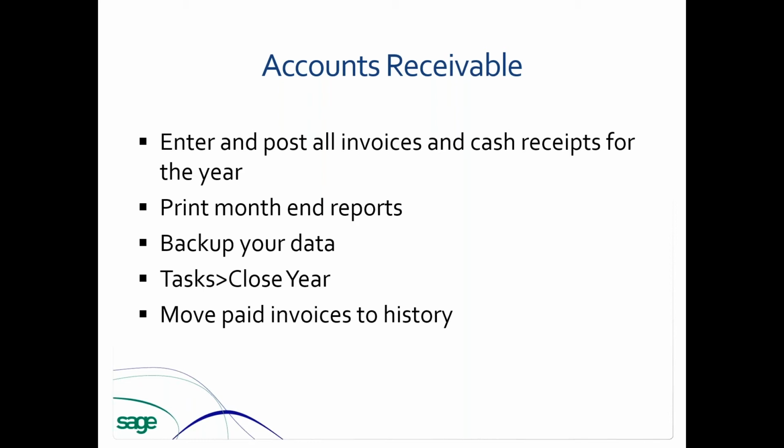You've backed up your data, and then you are going to run tasks close year. Accounts receivable is similar to AP in the fact that there's no close month routine in AP and AR other than reconciling the application back to general ledger. But it does have a close year routine.